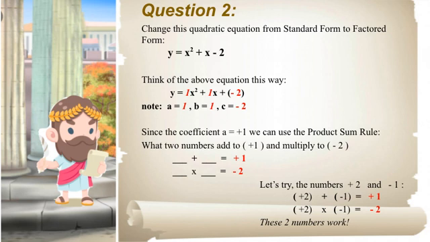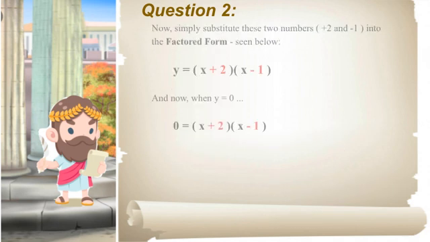The numbers +2 and -1 work for both equations. Now, we simply substitute these two numbers into our factored form quadratic format seen here, where our chosen numbers are in red font. And now that we're in factored form, we can solve for x by setting y equal to 0 on the left side of the equation and solving for x.